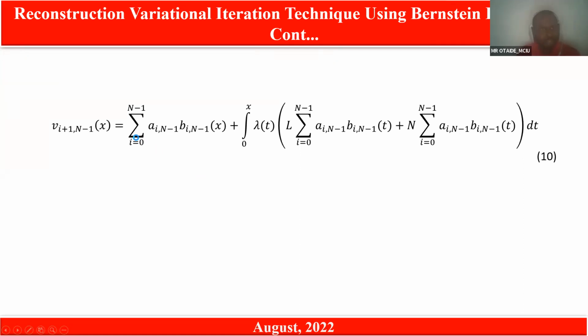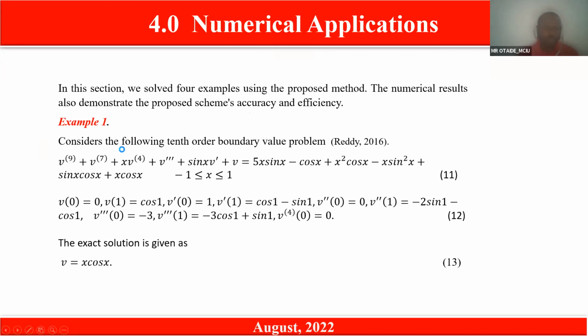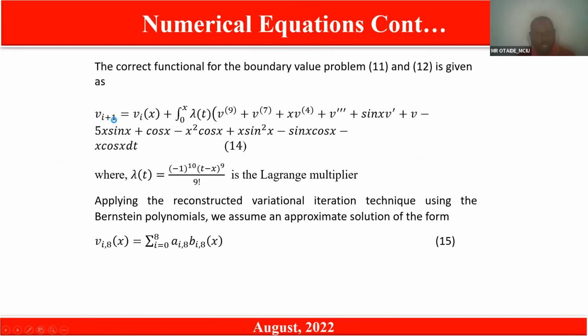So what we do next is to take an example and see how this whole thing is done in application. In example 1, we consider a 9th order boundary value problem from -1 to 1, with boundary conditions, and you can see here the exact solution of the system. First, the correction functional for the boundary value problem 11 and 12 is given as this.